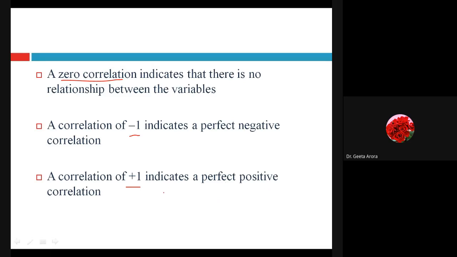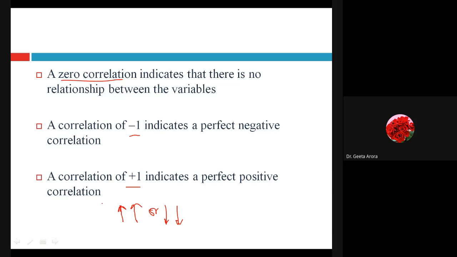Now let us learn what we are saying. Suppose we are talking about two things, and an increase in one gives an increase in the other, or a decrease in one leads to a decrease in the other. So they are related because of the effect one item has on the other.